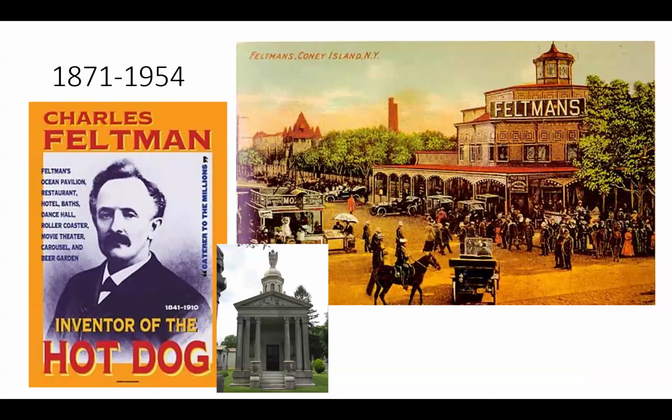In fact, Coney Island was so famous because of Mr. Feltman, the inventor of the hot dog. His tomb in Brooklyn is in the picture there. And his famous Feltman restaurant, which he opened, was really considered the hot dog capital.